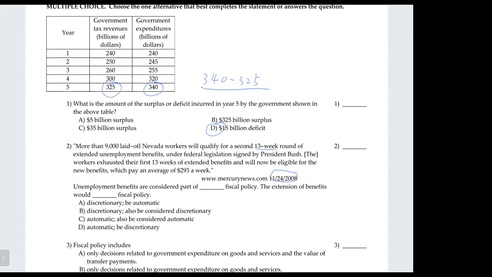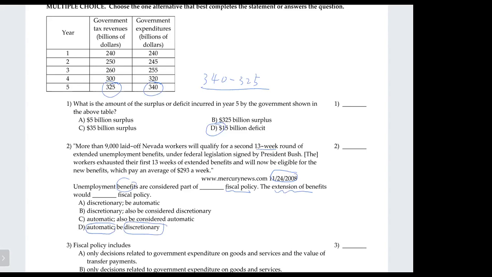Okay, and then in this example, unemployment benefit itself is an automatic fiscal policy. However, the extension is considered discretionary. So this extension is under the discretion of the president, right?